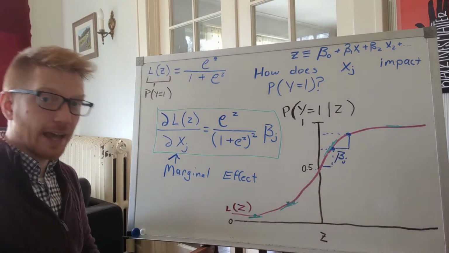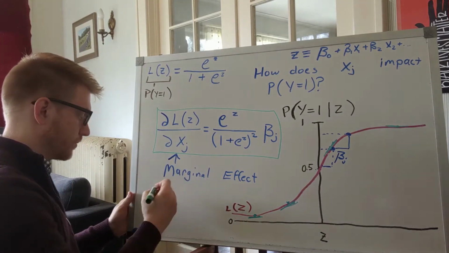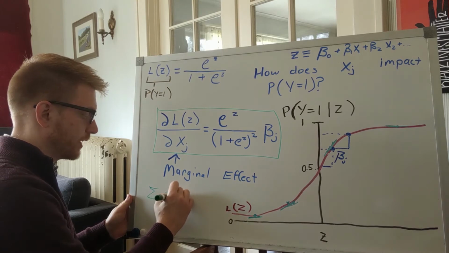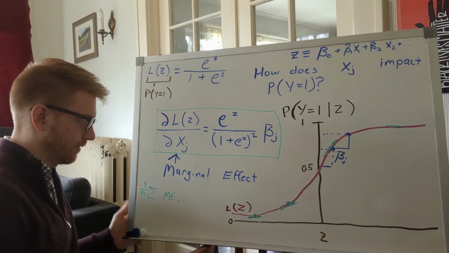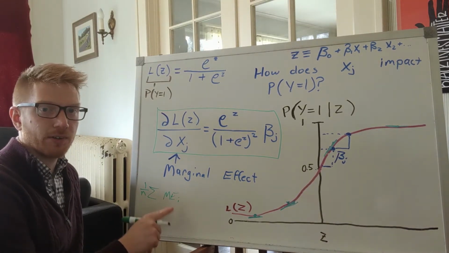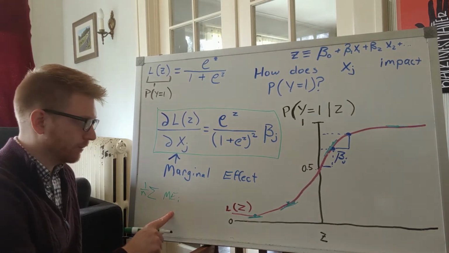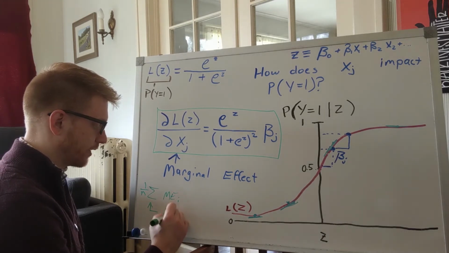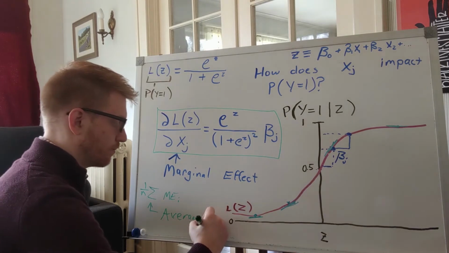And we could take the average of all of those. So we could sum up all the marginal effects for each individual i and divide by how many individuals we have. Here we'd need to calculate every single person's marginal effect. I have you do this in the lab. So this is the average marginal effect.